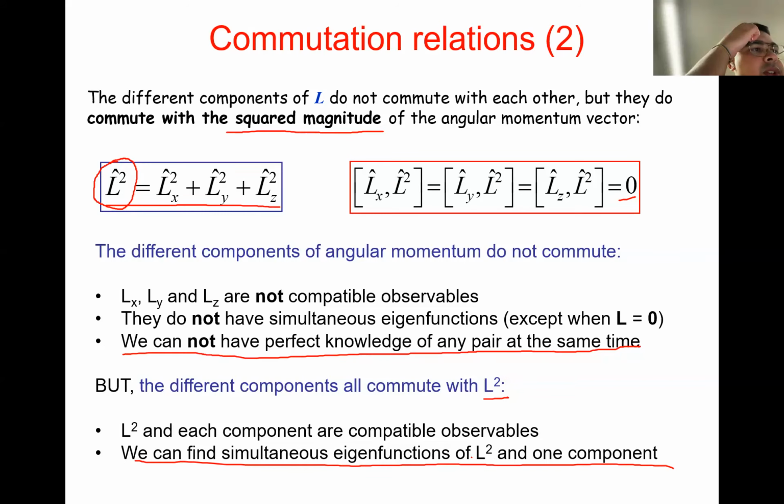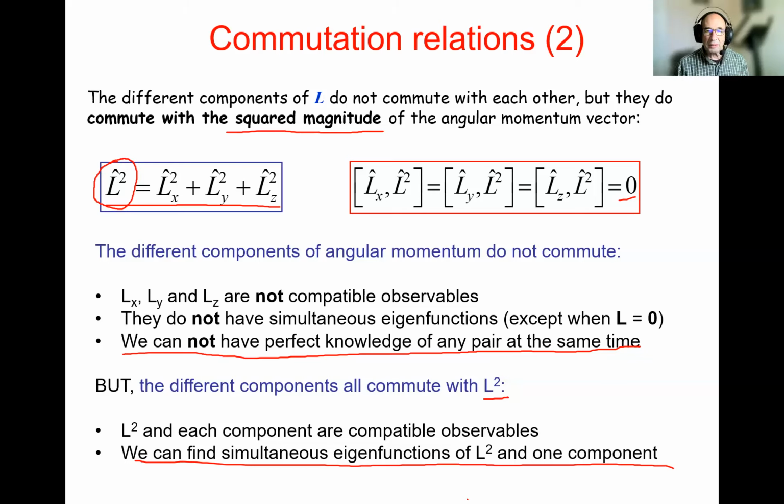There's just one question that I had: do the various components of the angular momentum not commute due to the uncertainty principle? The uncertainty principle is not the cause of anything. It's just that the uncertainty principle is a result of the fact that actually they are not commuting.